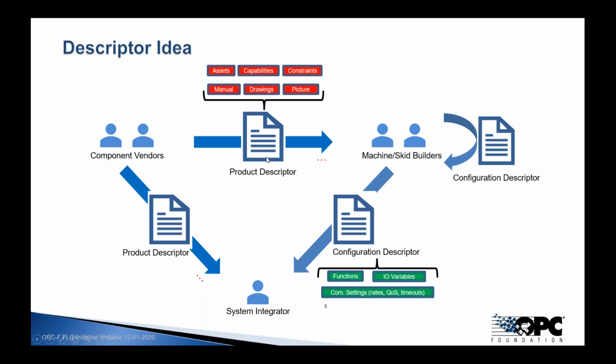We call this kind of descriptor a product descriptor, and machine skid builders will share data among each other or with the system integrator, and we call this descriptor configuration descriptor. The main concept is the same, but it can contain different kinds of data, as you see here, either the red stuff or the green data, the green things here.